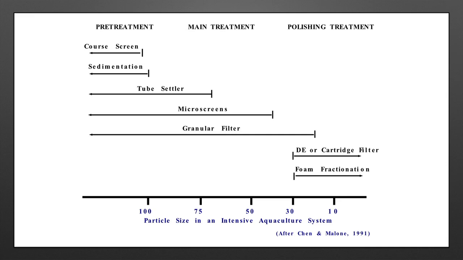As we get into tube settlers and granular media filters, we can remove smaller solids down to maybe 30 microns. But to remove the very smallest, we use diatomaceous earth or foam fractionation to remove the very fine dissolved solids that are down to below 10 microns in size.